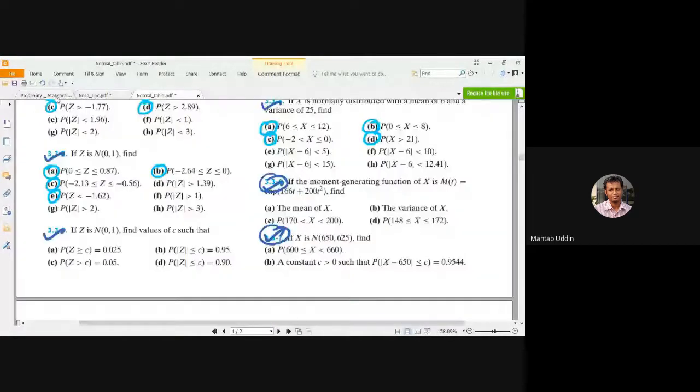Here given mu is 650 and sigma square is 625. That is sigma equal to 25. Then we have to find these two probabilities, and that is exactly what we have done in the example. So let's go.